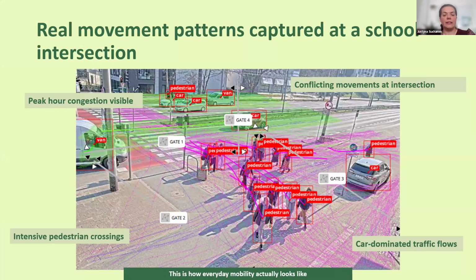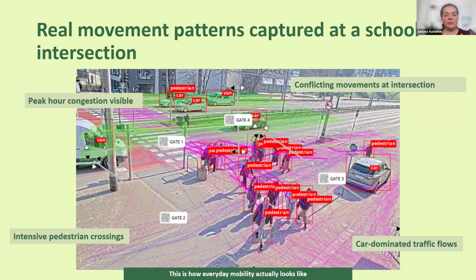And you can clearly see peak hour congestion. If you look at this situation for a moment, you can imagine what it feels like for a student trying to cross this intersection every morning to the school. I think it's not only just about numbers, because it's important, but I think the importance is in combining the students' motivation and also the data.